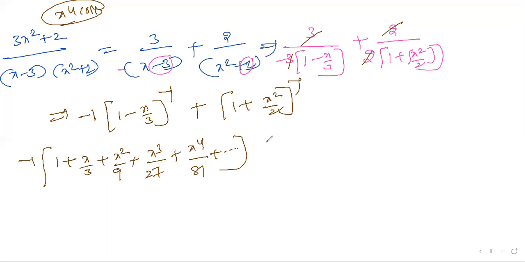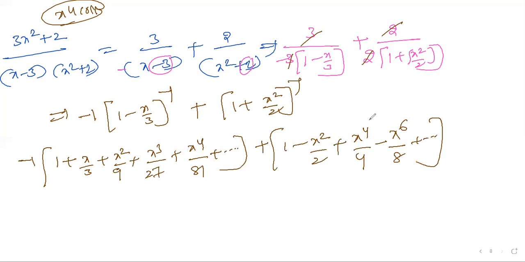Next, 1 plus x whole inverse alternates: 1 minus x plus x square. Next, x cube, x power 6 by 2 cubed is 8 will come. Till this you can stop, because you already got x power 4.